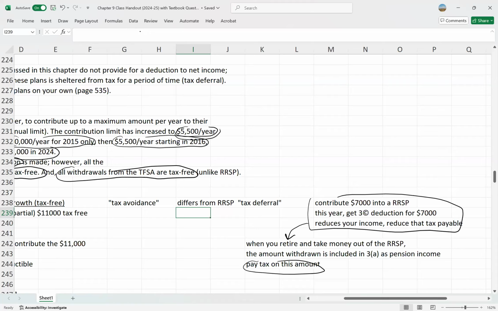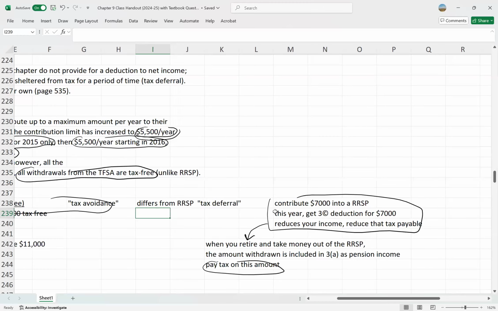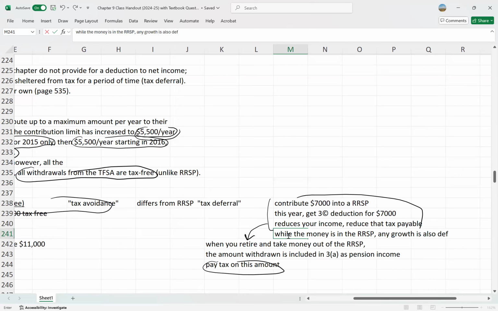But with a tax-free savings account, all that growth will be tax-free. The same thing with RRSPs. When you put money into an RRSP, one thing I should add here as well is that while the money is in the RRSP, any growth is also deferred.